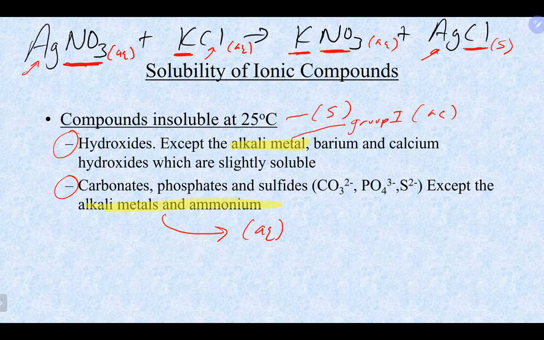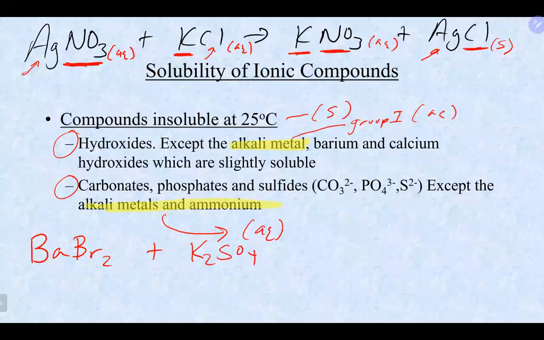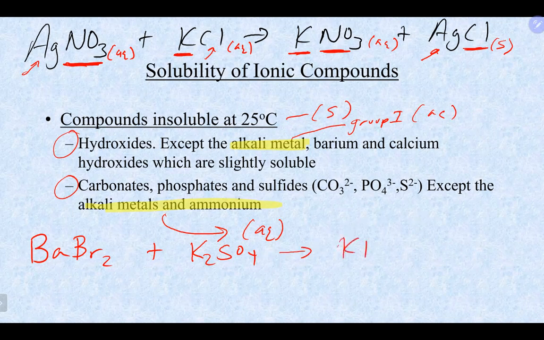So why don't you try one here? Why don't we do barium bromide plus some potassium sulfate, making a little potassium bromide, and we got there a little barium sulfate.